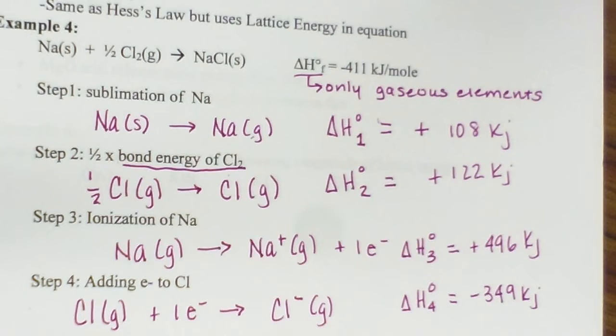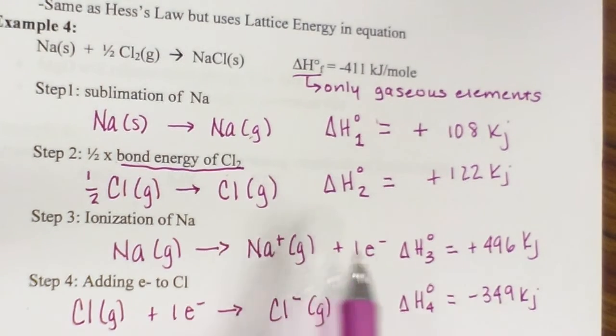Now, step 5, this is where the big exothermic finishes, because what do these ions want to do most? They want to be like this. Woof. And they really do want that, and that is the lattice energy, right?